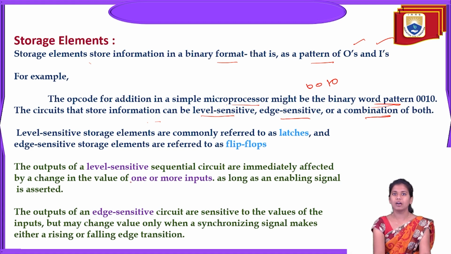If we ponder this sentence, we are talking about storage elements. In microprocessors, in order to store bits, we usually store them in terms of opcodes, operational codes. If a microprocessor is about to perform an addition operation, it generates opcodes from a word pattern, for example 0010.